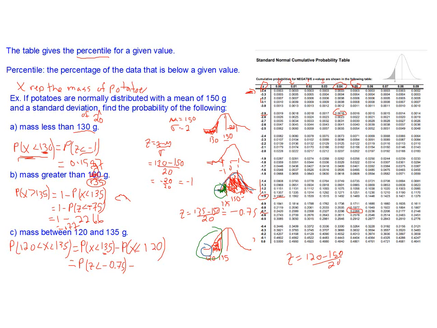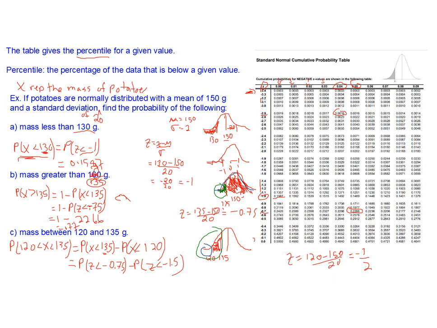And so if we go ahead and do that, this works out to negative 30 over 20, so we get negative 1.5. So the probability that z is less than negative 1.5.